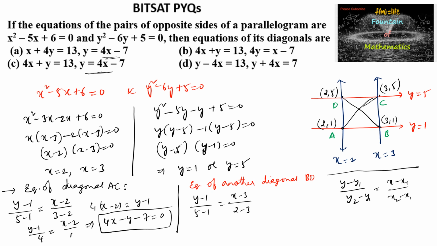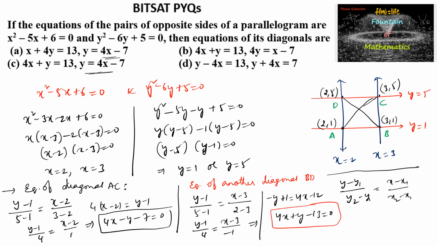So that is (y minus 1) upon 4 is equal to (x minus 3) upon negative 1, and by cross multiplication we can write negative y plus 1 is equal to 4x minus 12, so that is 4x plus y minus 13 is equal to 0. So 4x plus y is equal to 13, and y is equal to 4x minus 7. So we can go with option C.